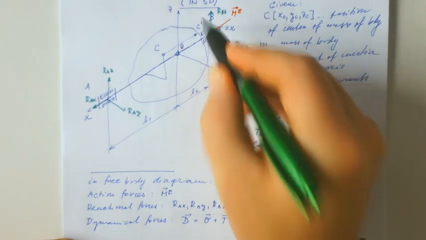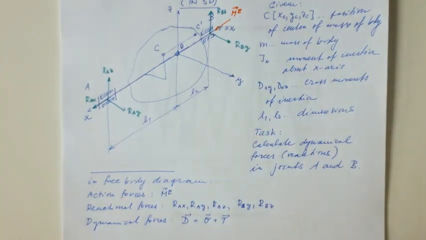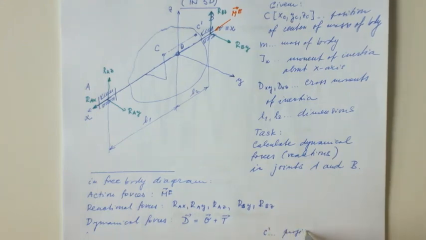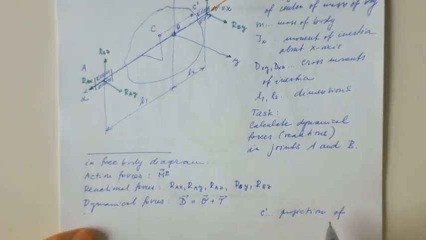So there is C prime, and C prime is a projection of the center of mass to the plane YZ of the coordinate system.